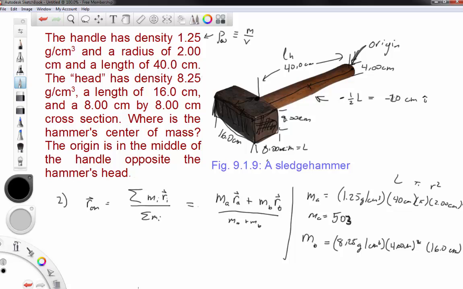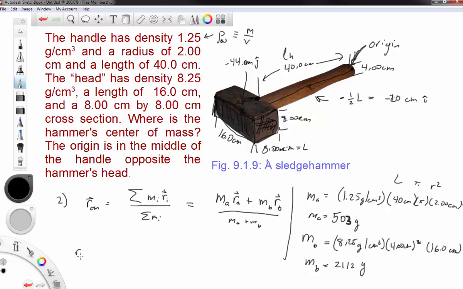And so that means that the mass of the head is 2,112 grams. All right, and the positions are these two positions that we actually found before, minus 20 i hat and minus 44 i hat.